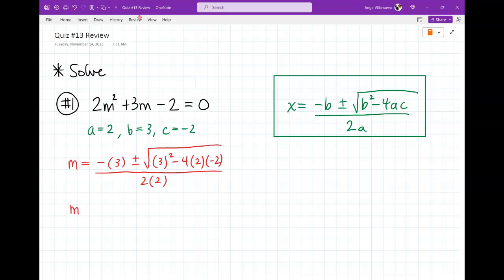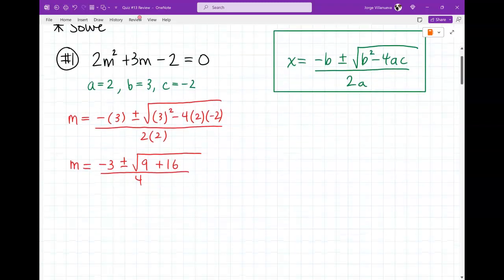So we get m equal to negative 3 plus or minus the square root of 3 squared is 9, negative 4 times 2 is negative 8, and negative 8 times negative 2 is a positive 16, all over 2 times 2, that's 4. All right, so I have negative 3 plus or minus the square root of 9 plus 16 over 4.